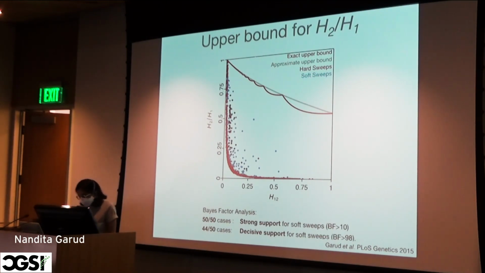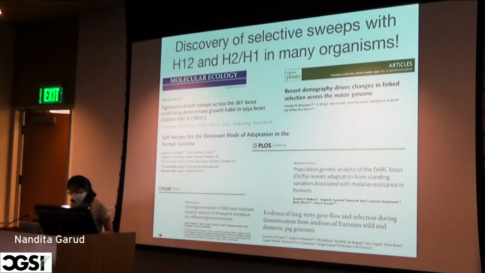And so this statistic has, it's been a while since we've developed it, but it's been actually fascinating to watch it grow and be applied to numerous organisms, ranging from soybeans to pigs to dogs to humans, to show that indeed soft sweeps are a common mode of adaptation in not just Drosophila, but also in many organisms.